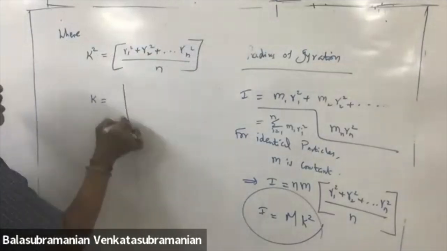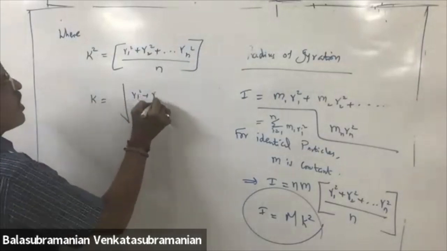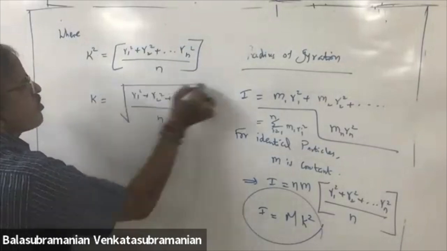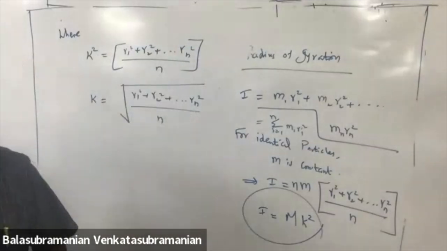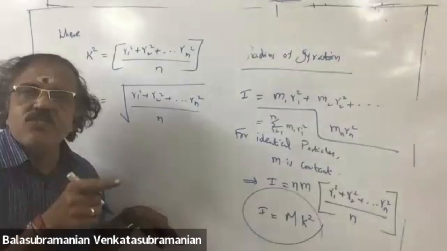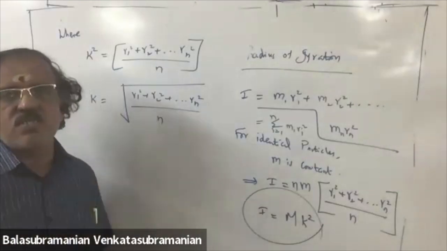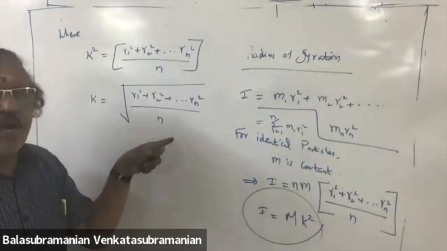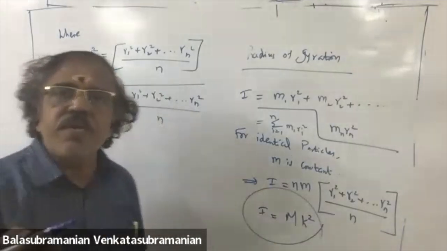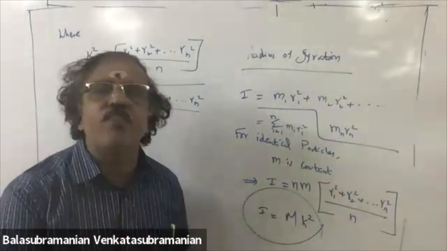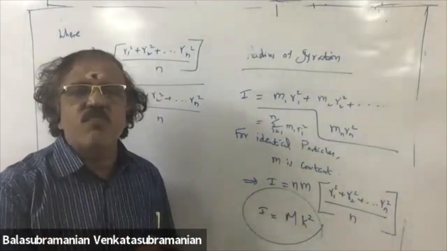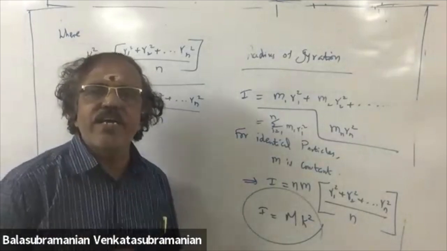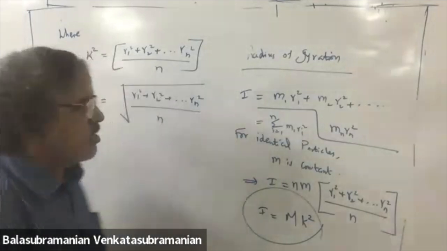K will be the root of r1 square plus r2 square plus rn square by n. So it is nothing but the root mean square distance, divided by the number of particles. The root mean square distance of all the particles from the axis of rotation is called the radius of gyration of the rigid body.